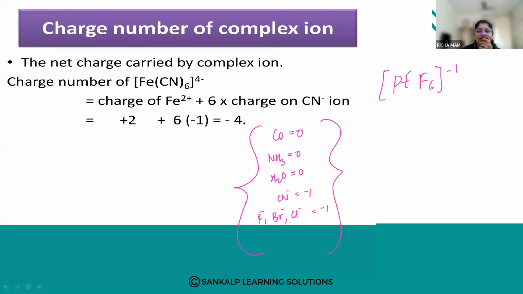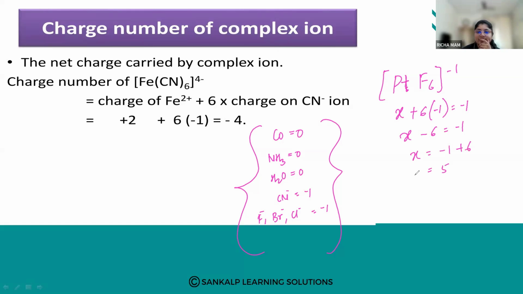Your central metal atom is platinum, so X plus 6 into -1 is equal to -1. X minus 6 is equal to -1, so X is equal to -1 plus 6.